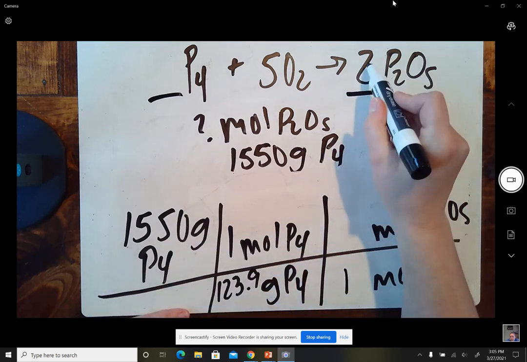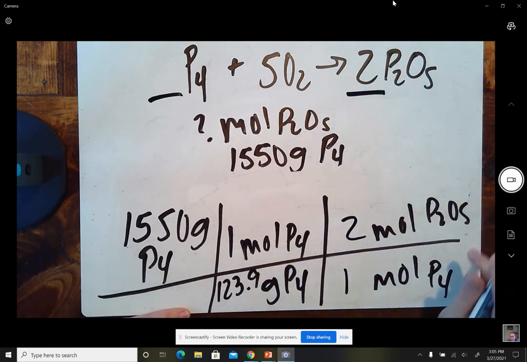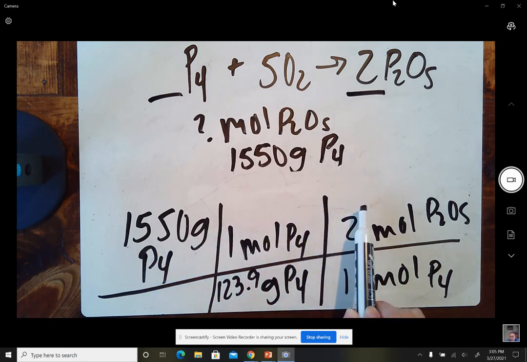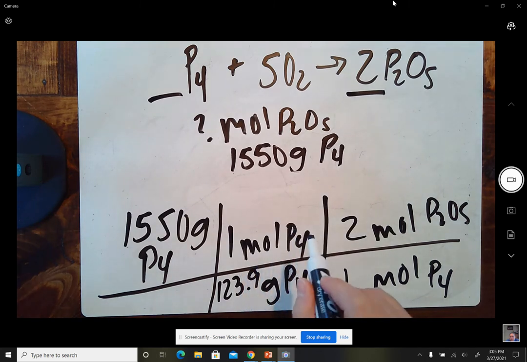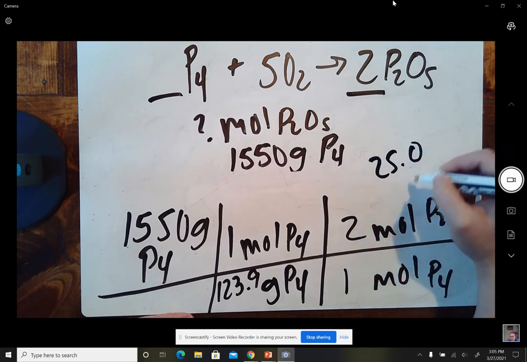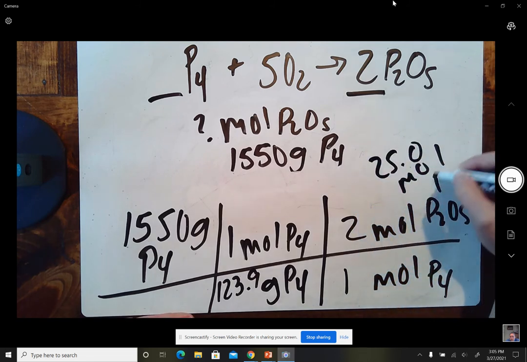I have 2 as a coefficient in front of P2O5, and so that's the number I would use there. So then I would just do my math. 1,550 times 2, I would get that number, and then divide it by 123.9. And I should come up with something around 25 moles of P2O5.